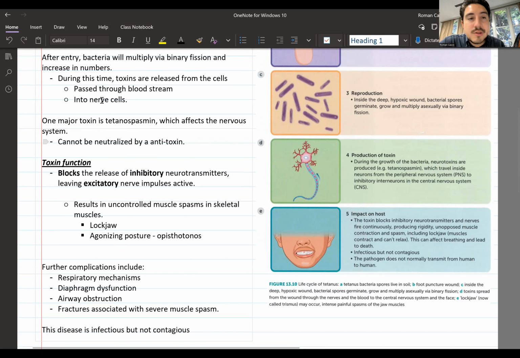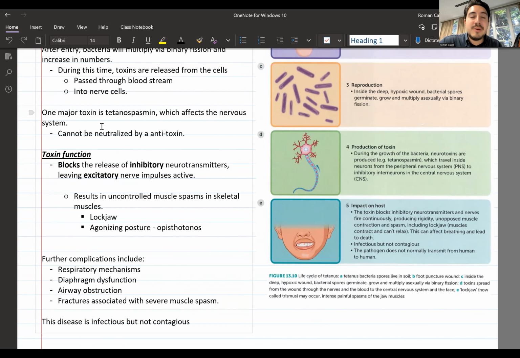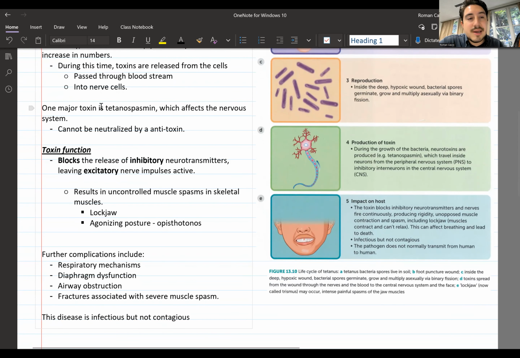It could get into the nerve cells, which is essentially its go-to tissue. One thing that's particular about this bacteria is that it produces a toxin called tetanospasmin. You should definitely remember that. Tetanospasmin is a toxin that affects the nervous system and the neurotransmitters.